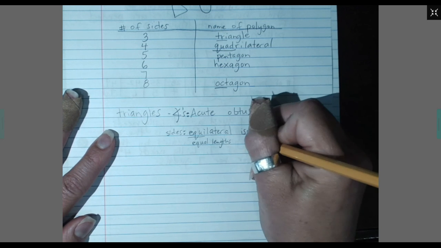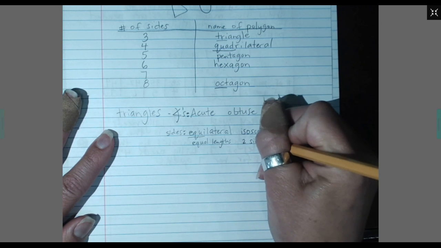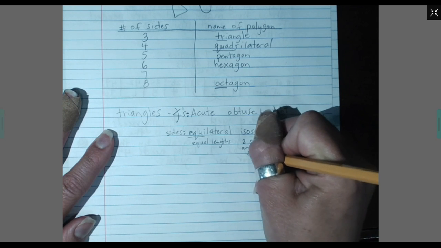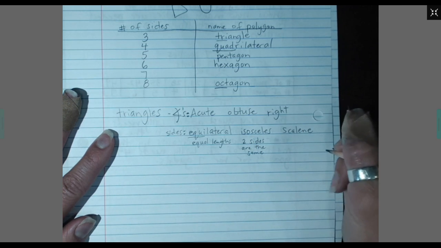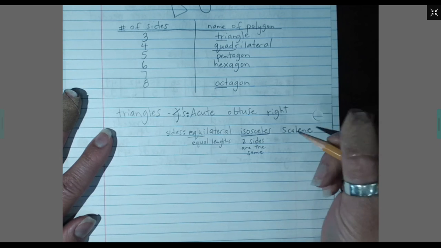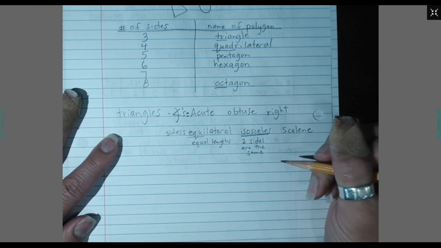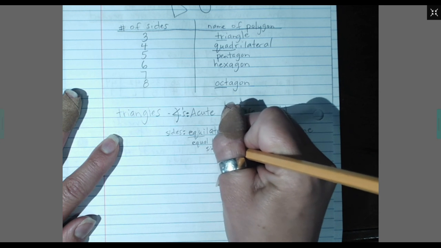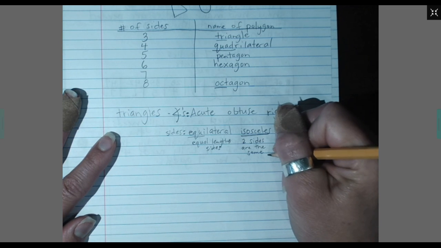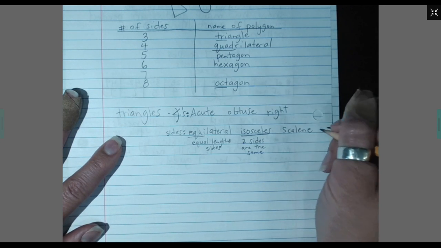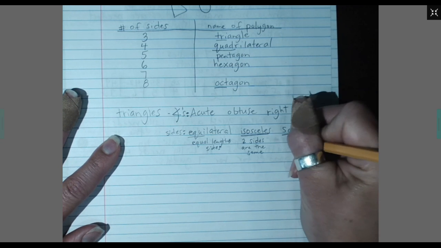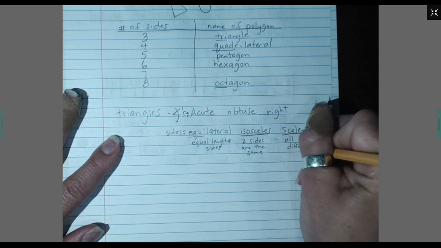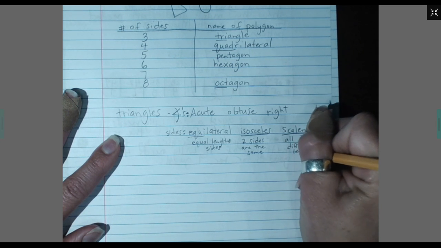Isosceles, that means that 2 sides are the same. Scalene, what do you think that means? If equilaterals are equal length sides, and isosceles, 2 sides are the same length, scalene means all 3 different lengths, different length sides.